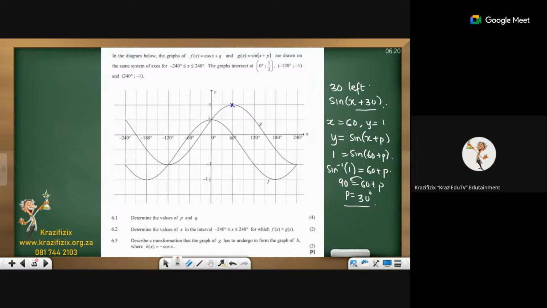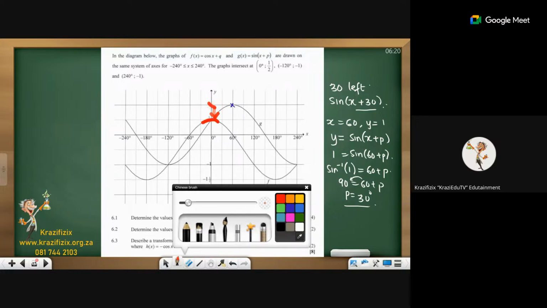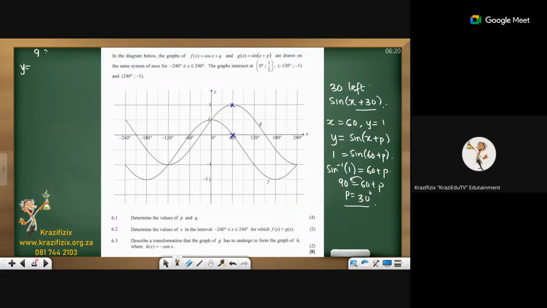Cos, again, if I know my mother graph, that is where it's supposed to be. But this is where it is. This graph has been shifted downwards. So Q, if it's down, is negative half. But if you are not sure, let us find a coordinate on f of x that we know. I know that point: x is 60 and y is 0. Will this work?